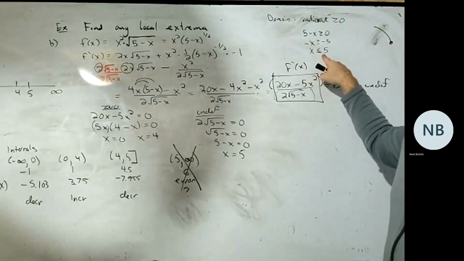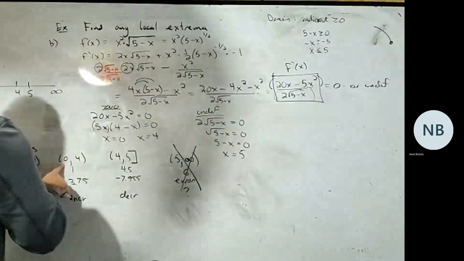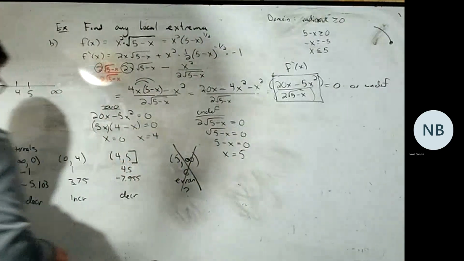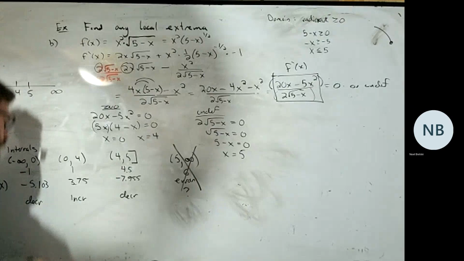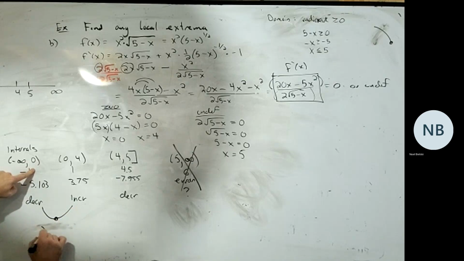So 5 is something that we have to take into account. We have to look at 0, 4, and also this 5. All I know is that here, it's decreasing before 0 and increasing after 0, that means that's a local min. So x equals 0 is a local min.